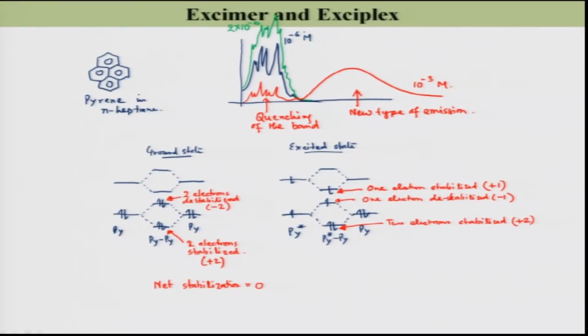So the net stabilization is there. Net stabilization is +2 and I have 2 electrons, so per electron net stabilization is +1. So I am going to have this net stabilization only when one of the pyrenes is in the excited state.